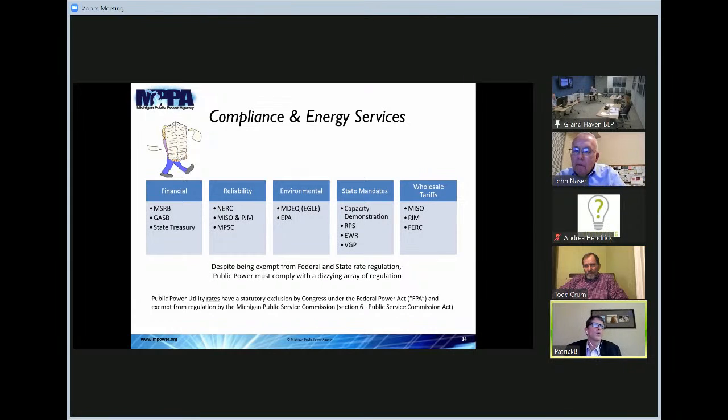So for the 4 years forward, we have to demonstrate that we have enough capacity to meet the peak load of all of our members. We have an RPS, renewable portfolio standard, that we have to comply with. We have energy waste reduction that we have to comply with. Our members have to have voluntary green pricing programs. So those are all just state compliance mandates and all the programs that go along with that.